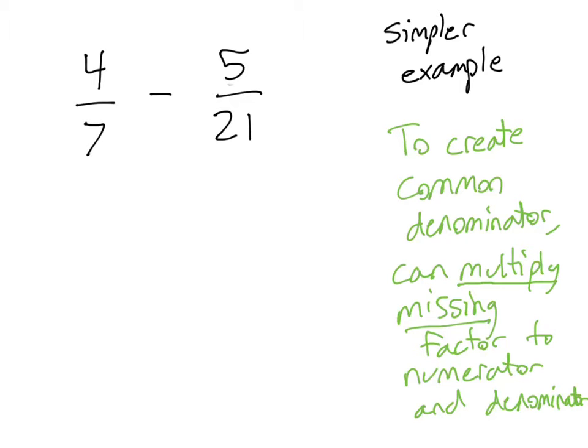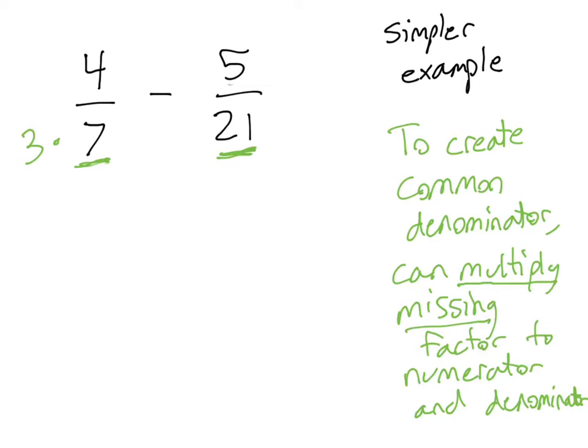So, for example, if I have 21 in the denominator here and I have 7 in the denominator here, what this denominator is missing is a factor of 3. If we multiply that 7 by 3, we can get that to turn into 21. So let's multiply 3 into the denominator of that fraction.